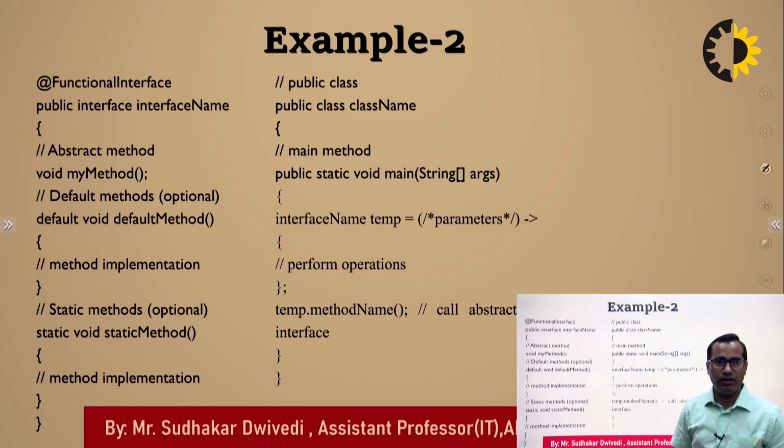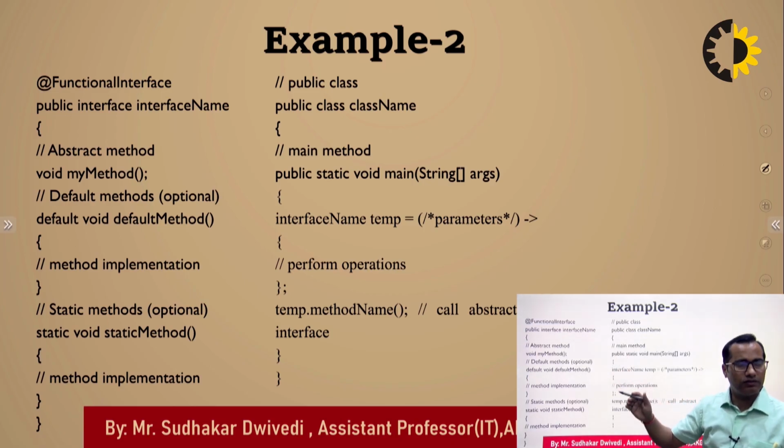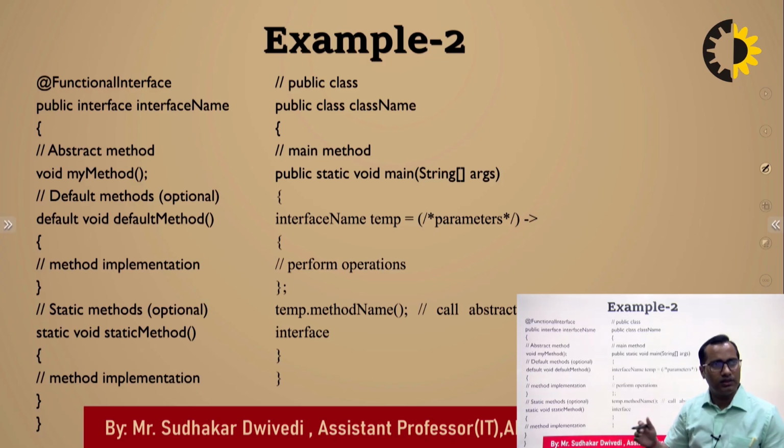That means if we have written no abstract method in this interface, or we have mentioned more than one abstract method in the interface, then it will generate an error, right? So this annotation just informs the compiler that the interface that we are going to write may contain only a single abstract method.